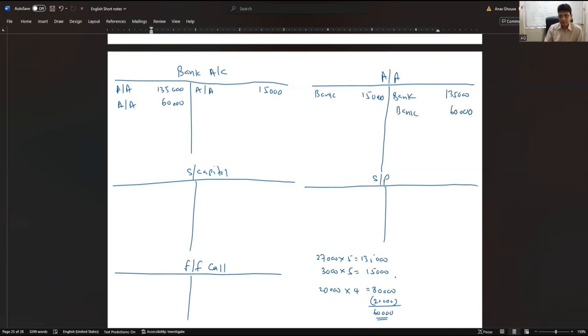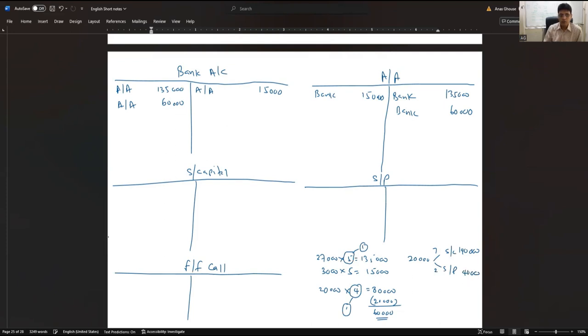Now we need to transfer this 20,000 application money to the share capital account and share premium account, because application money 5 includes $1 share premium and allotment also includes $1 share premium. So therefore 20,000 times 7 will be 140,000 and 20,000 times 2 will be 40,000.